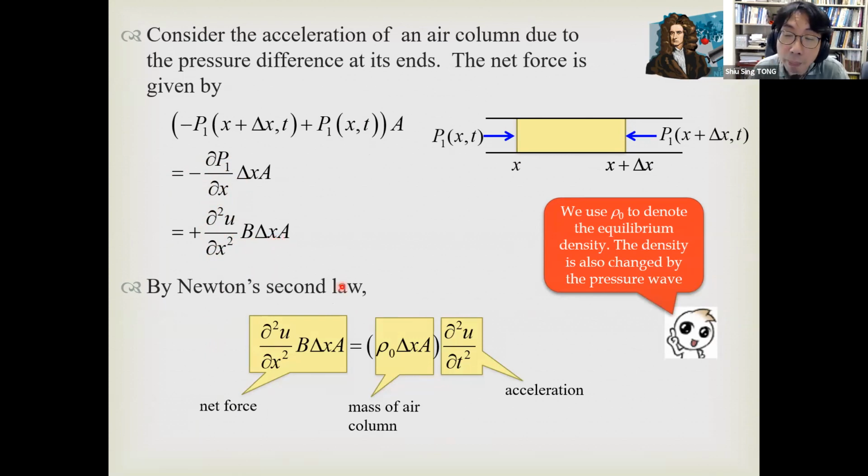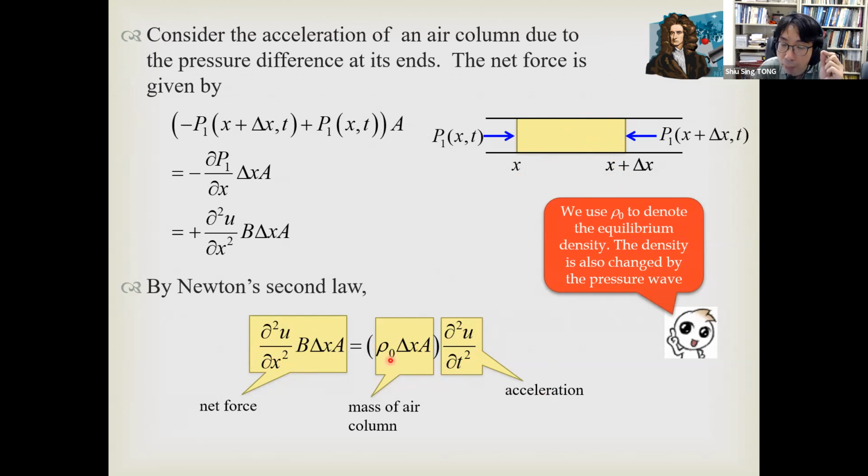So we can now apply Newton's second law. Newton's second law says that the net force acting on the air column is equal to the mass of the air column multiplied by its acceleration. So what is the mass of the air column? Well, the equilibrium length of the air column is delta x, multiplied by A is the volume.